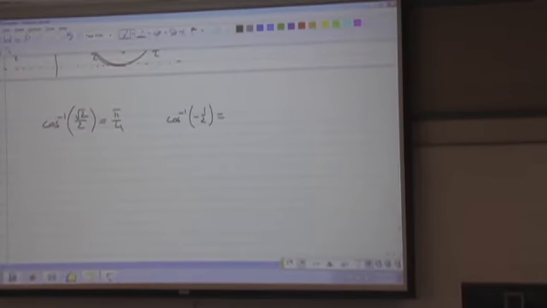Over 3? Two pi over 3. Right? Because cosine of pi over 3 is 1/2. And so you basically have to move to the other side because you have to be in the second quadrant. Right? Does that make sense? Yeah? No?